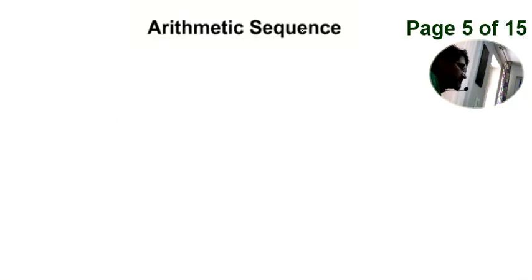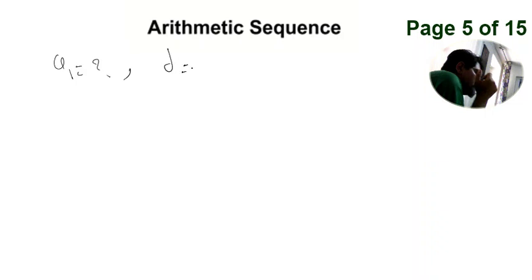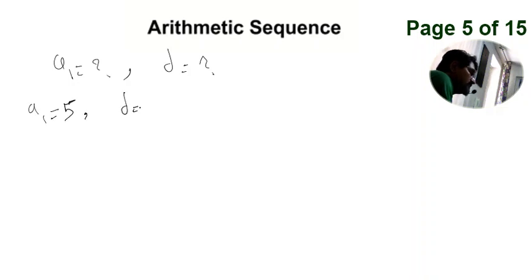The next one, arithmetic sequence. In arithmetic sequence we can give A1 and a constant element that is the common difference. Example, A1 is 5, common difference is 3.